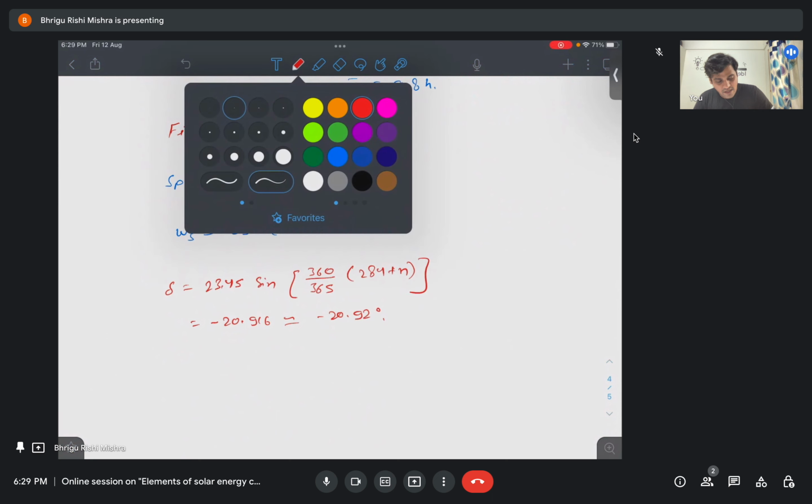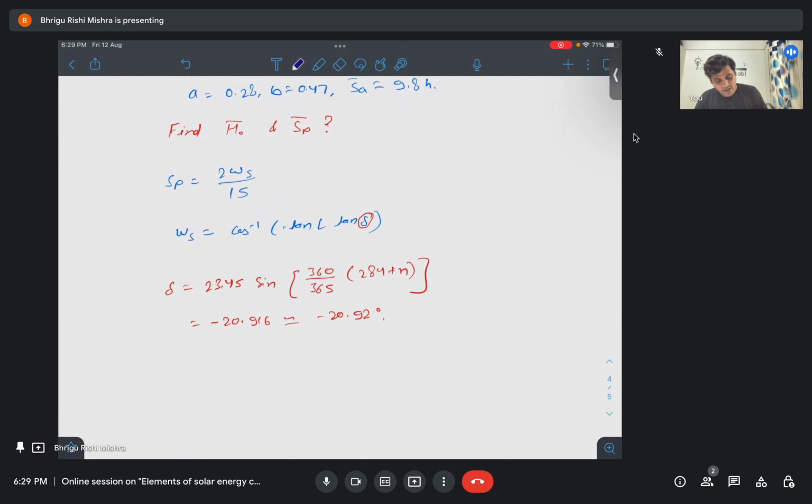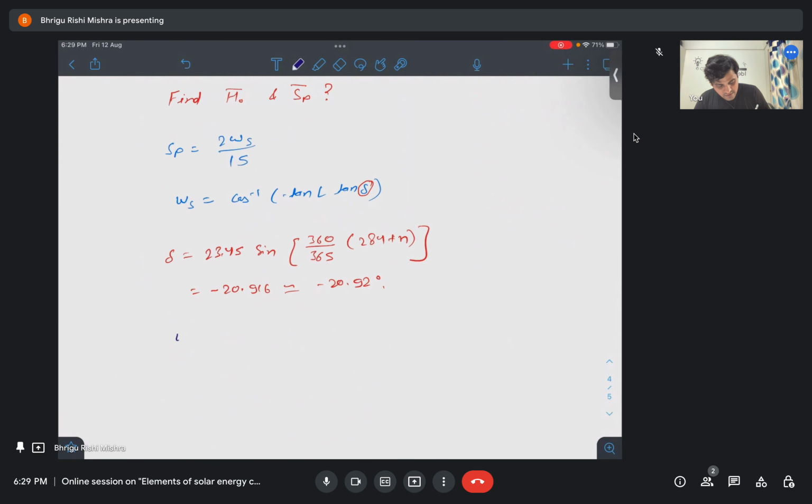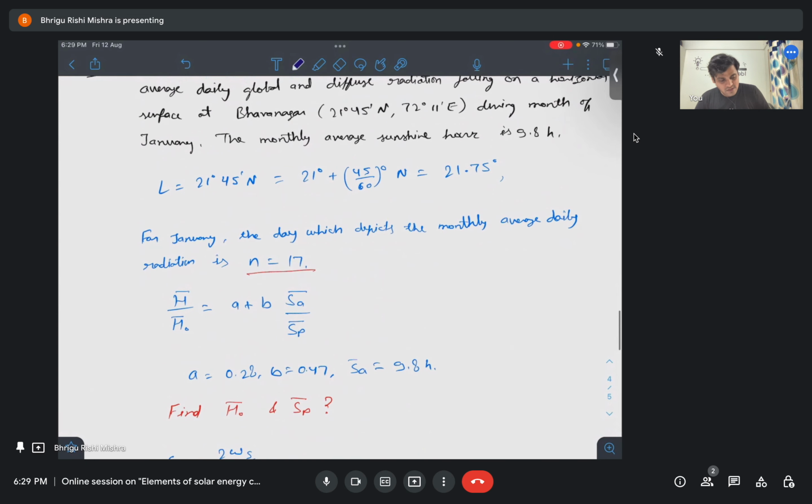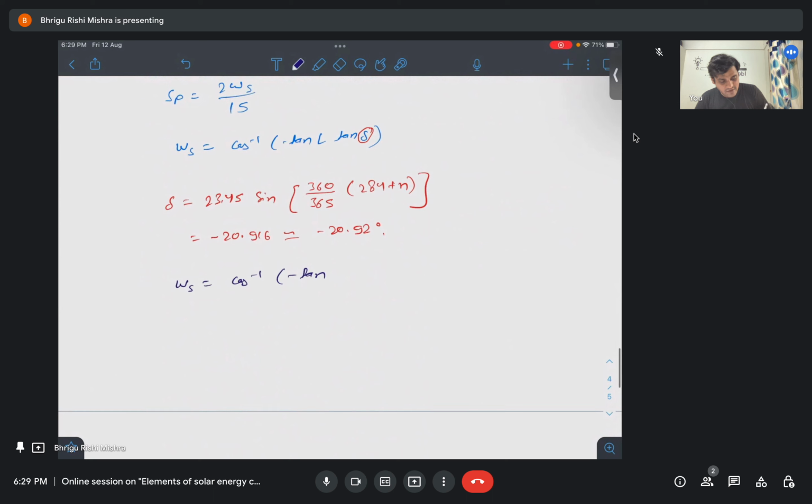So we can calculate omega s as cos inverse of minus tan L tan delta. L is the latitude angle which is given 21.75 degree, and we also calculated delta which is minus 20.92 degree.